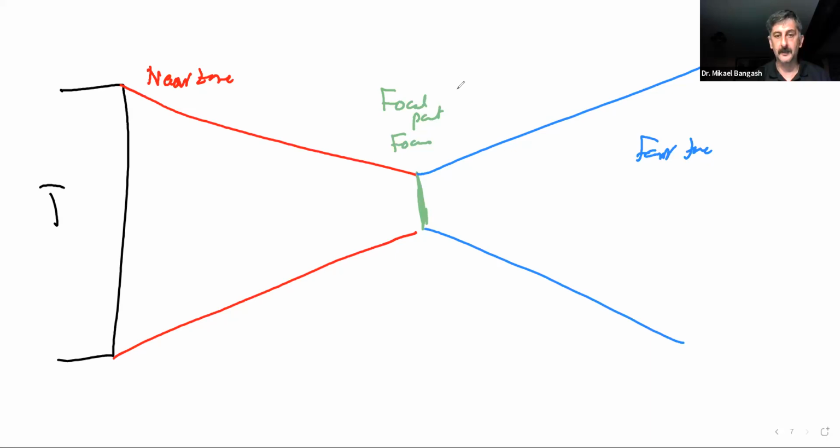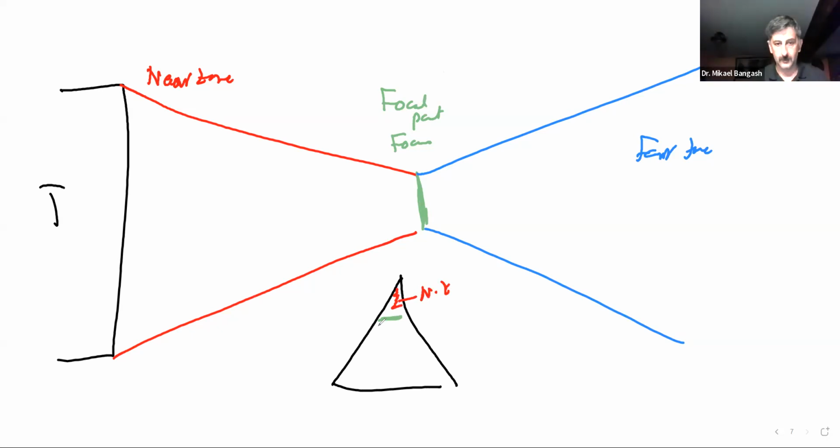Right. Which is mainly, as we just looked at an image, if this here was our focal point, then all this here would be the near zone, and all this here, in this instance, will be the far zone.